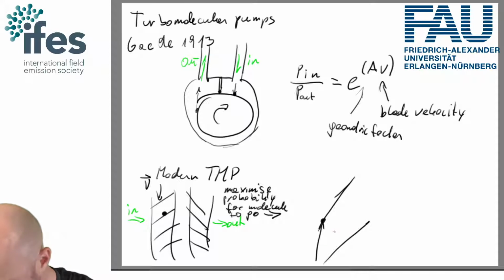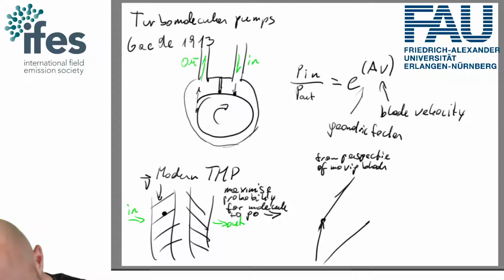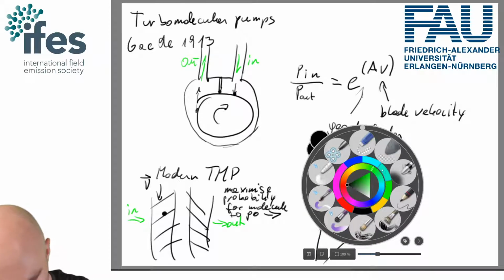Then the question is, and now we're looking at it from the perspective of the moving blade. Yeah. So from the perspective of the moving blade, then we would have, I should draw it a little bit. Yeah, I'll use color again. It's easier.